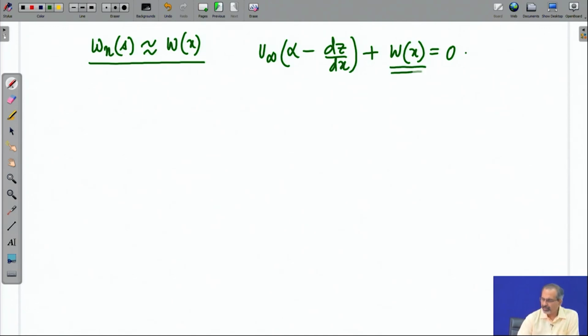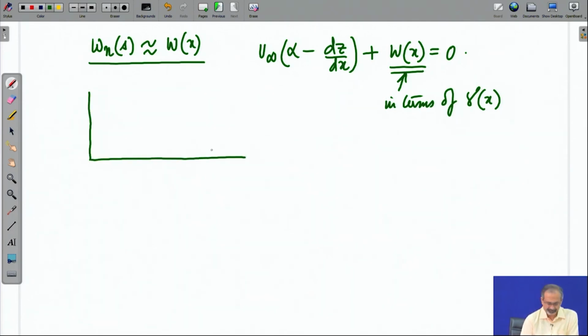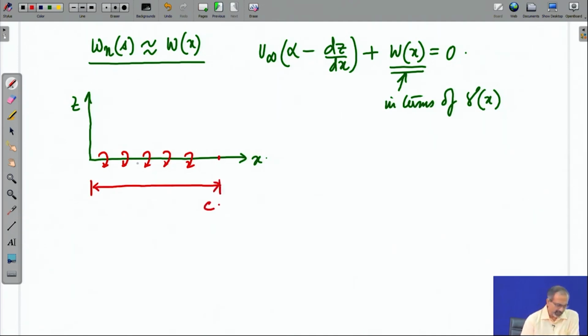Now, let us see how we can quantify this in terms of the gamma distribution along the chord. For that we draw a simple sketch to explain how we can do that. So, you have the vorticity distribution along the chord, this is your entire chord length, and then you identify a location somewhere in between on the chord which has a length d xi.